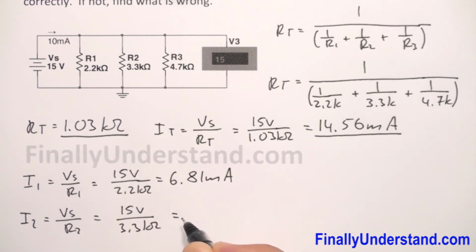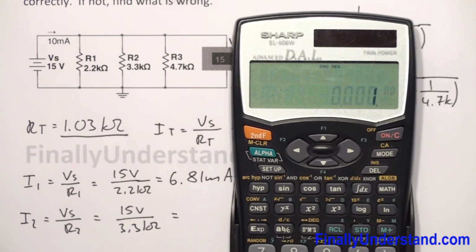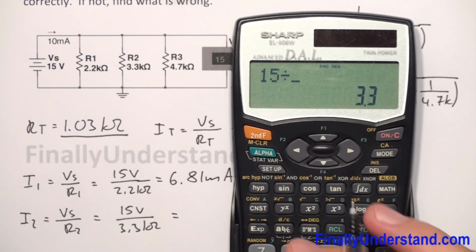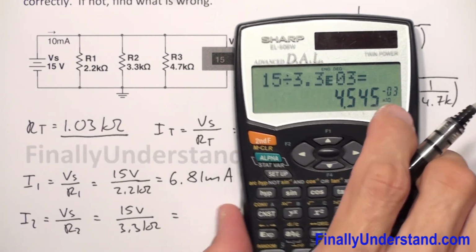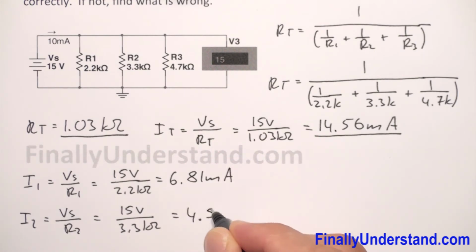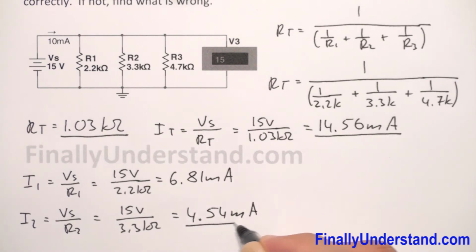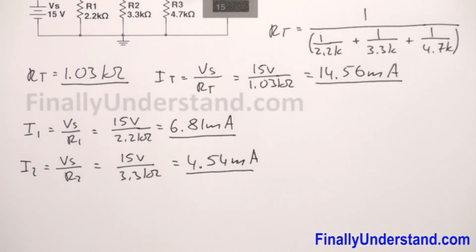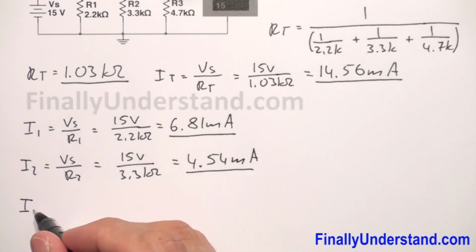So this is equal 15 volts over 3.3 kilo ohms. This is equal 15 divided by 3.3 exponent 3 equals 4.54 milliamps. This is my current which will flow through resistor R2. Next, I'm supposed to find the current which is flowing through resistor R3.